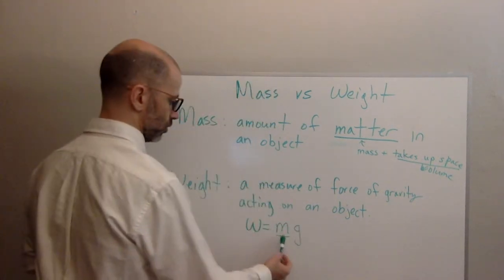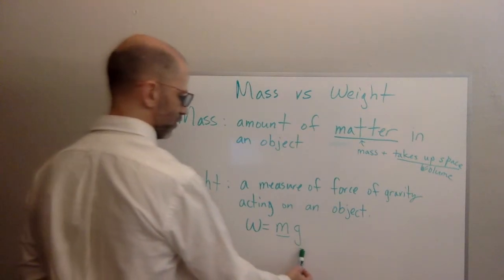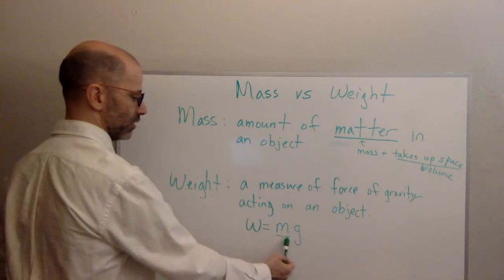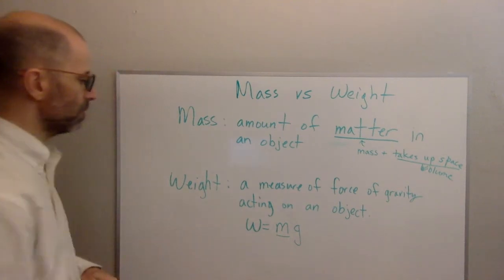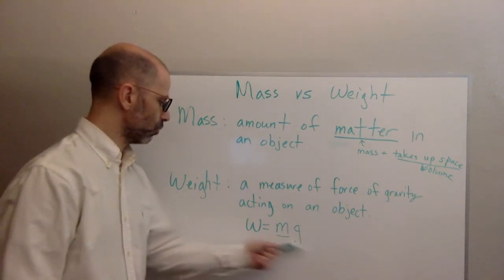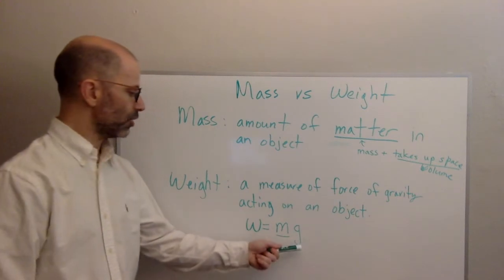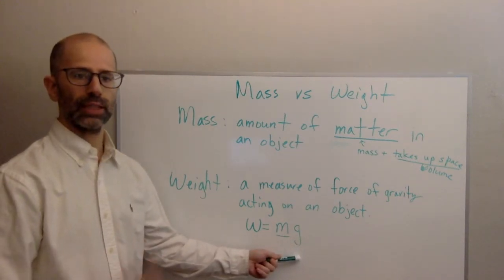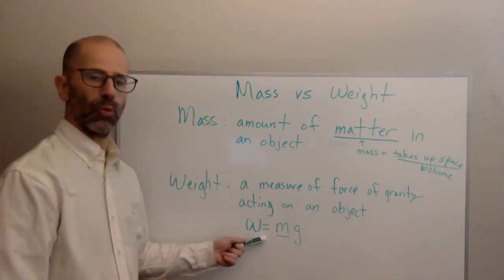So the weight is equal to mass times gravity. So gravity is involved in weight. So it's not just mass alone. So this is important to remember that you're multiplying by gravity. Gravity is involved in figuring out what weight is.